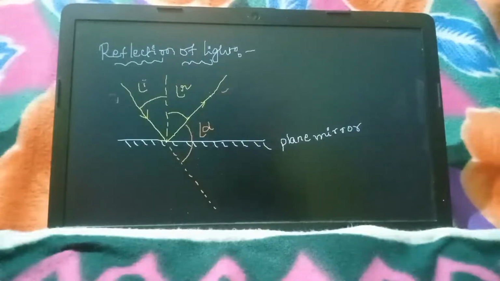So this I am considering the incident ray, reflected ray, normal line, and this is the plane mirror.